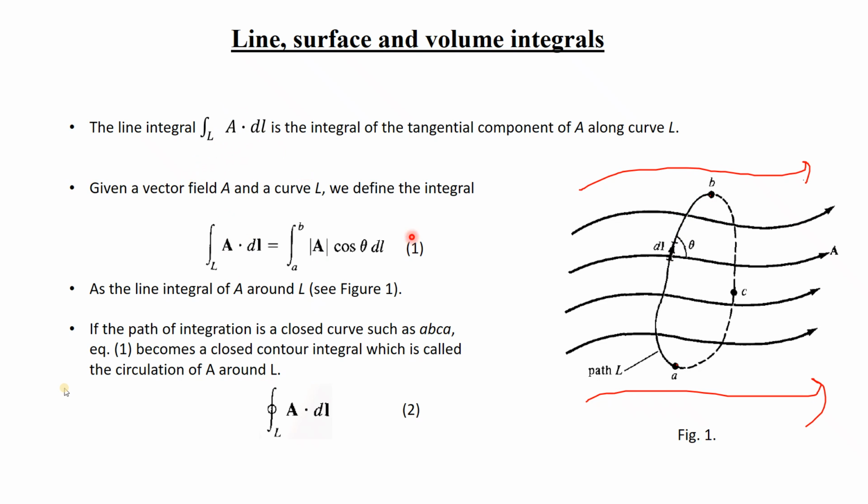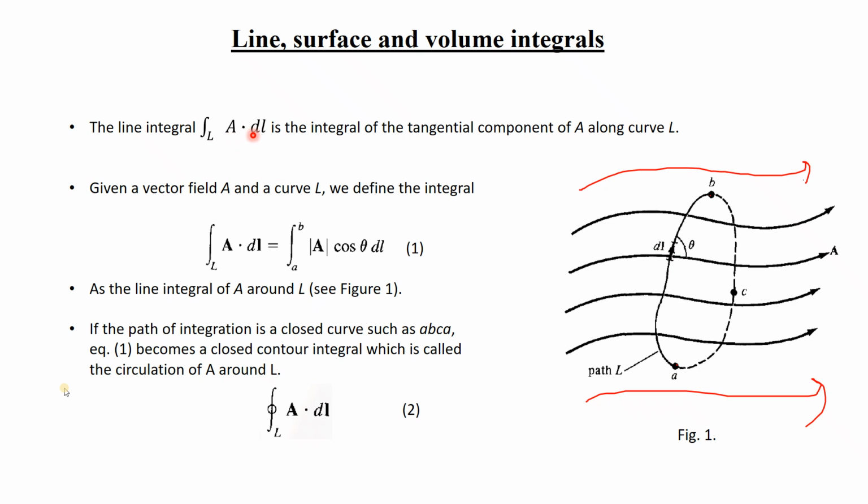That is equal to the integration of A dot dl. That means you are considering the total line as segments of dl and you are integrating. So vector A dot product dl with this integration, the definite integral.